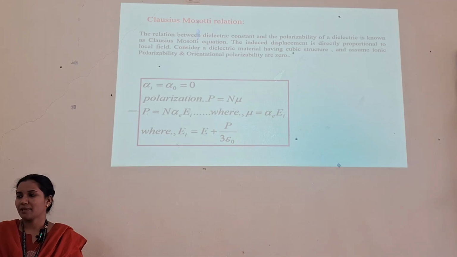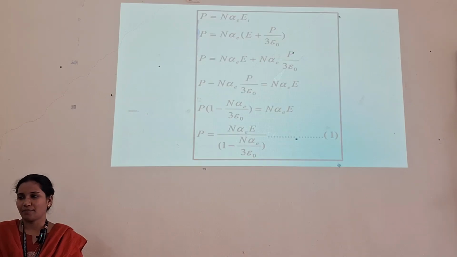The induced displacement is directly proportional to the local field. Consider a dielectric material having a cubic structure and assume ionic polarizability and orientational polarizability are 0, alpha I equals alpha naught equals 0, where EI equals E plus P by 3 epsilon naught.